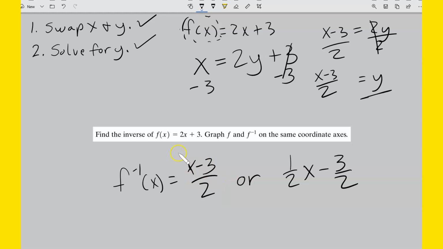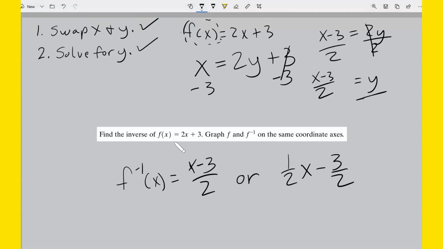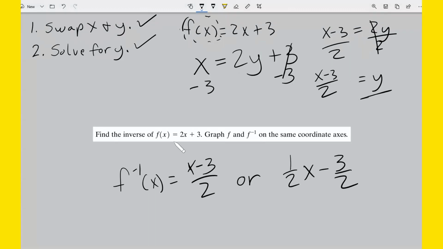The next thing it wants to do is to graph f and f inverse on the same coordinate axes. All right, we could do that by hand, or we could do it in our calculator. I'll do it by hand real quick. So let's see. 2x plus 3, up 2 over 1.